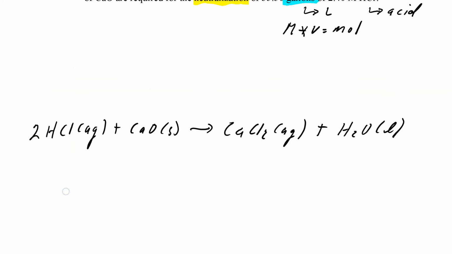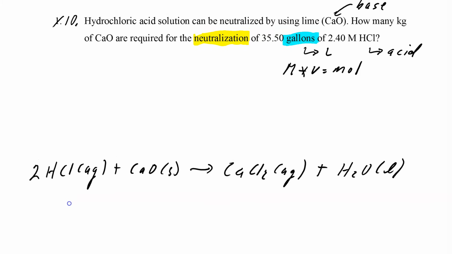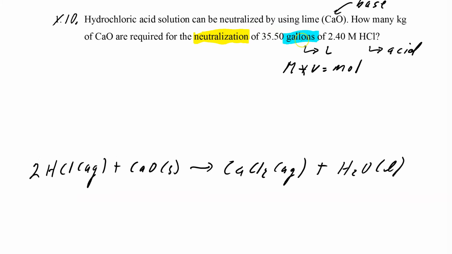Now, we're going to need some more information on our starting points for our reactants. As I mentioned, we need to convert our gallons to liters. So, looking up in the book, we have a relationship that says 1 gallon is equal to 3.785 liters. So, let's make that conversion right up top here. We have 35.50 gallons of hydrochloric acid solution.